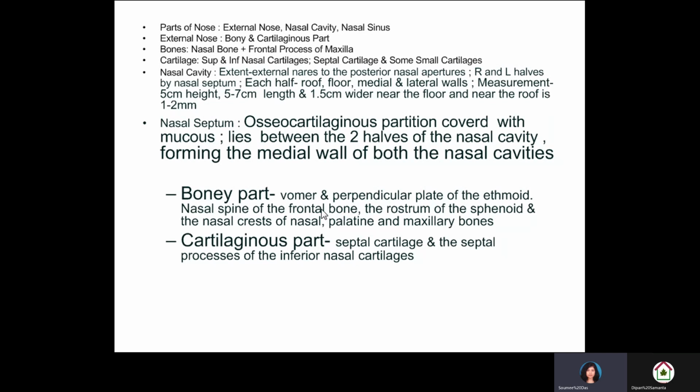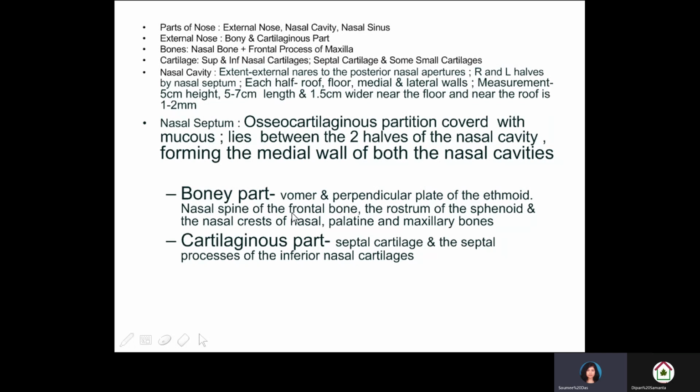Also involved are the nasal spine of the frontal bone, the rostrum of the sphenoid, and the nasal crest of the nasal, palatine and maxillary bones. These are the bones involved in forming the bony part of the nasal septum. So the vomer and the perpendicular plate of the ethmoid bone.